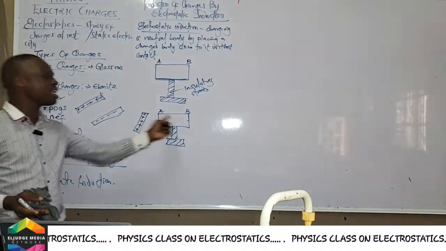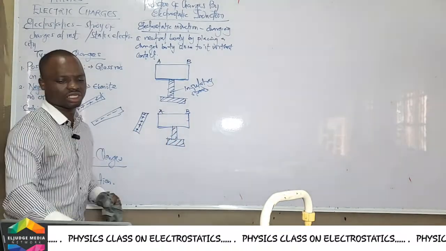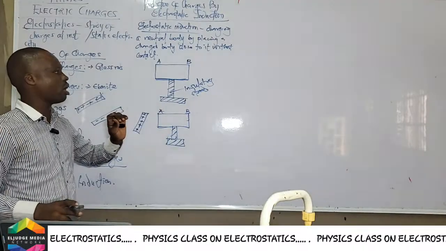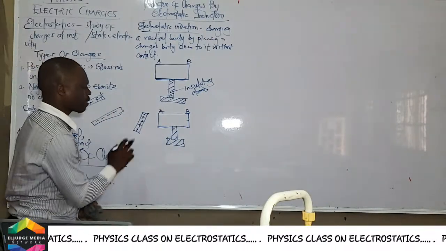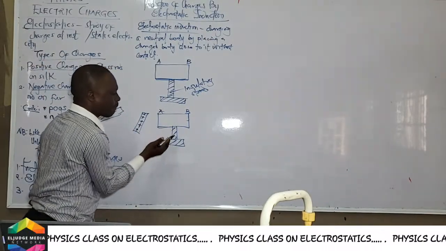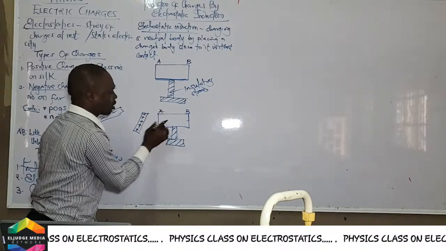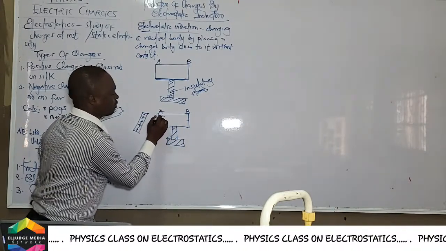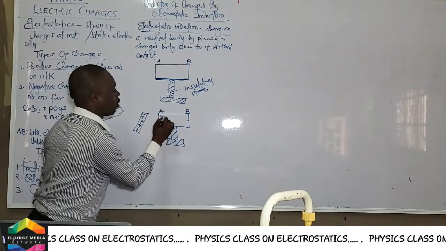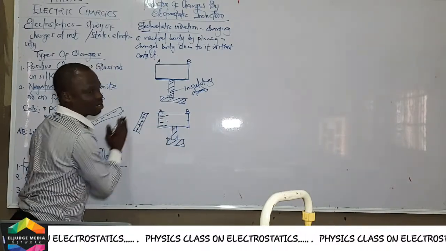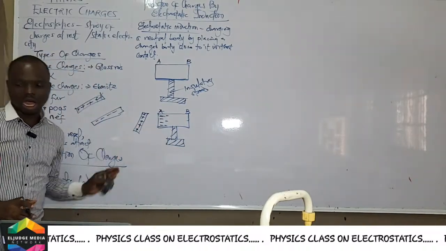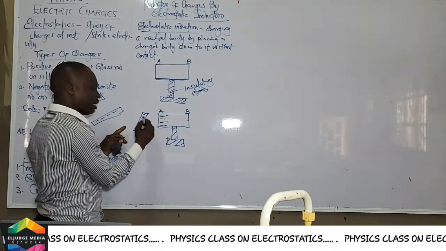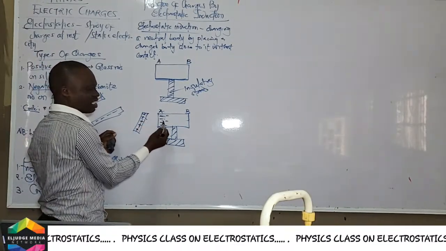Since this is a neutral conductor, all the negative charges will come close to this side of the conductor, because unlike charges attract each other.